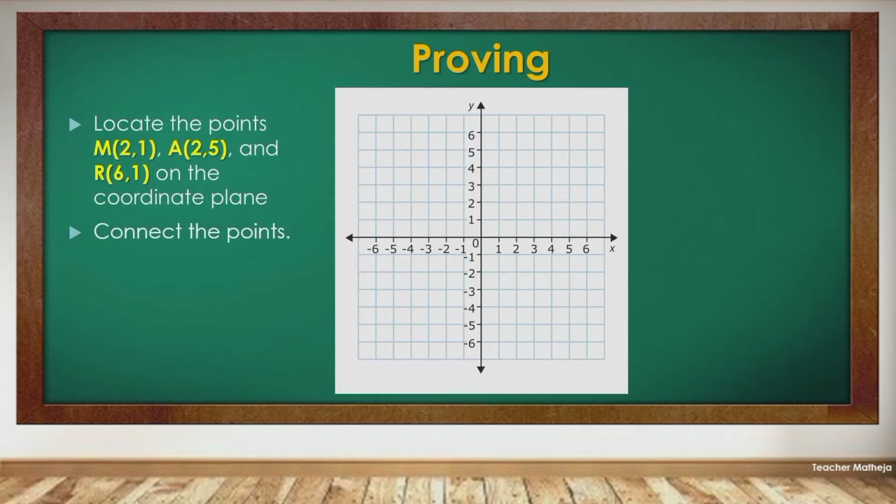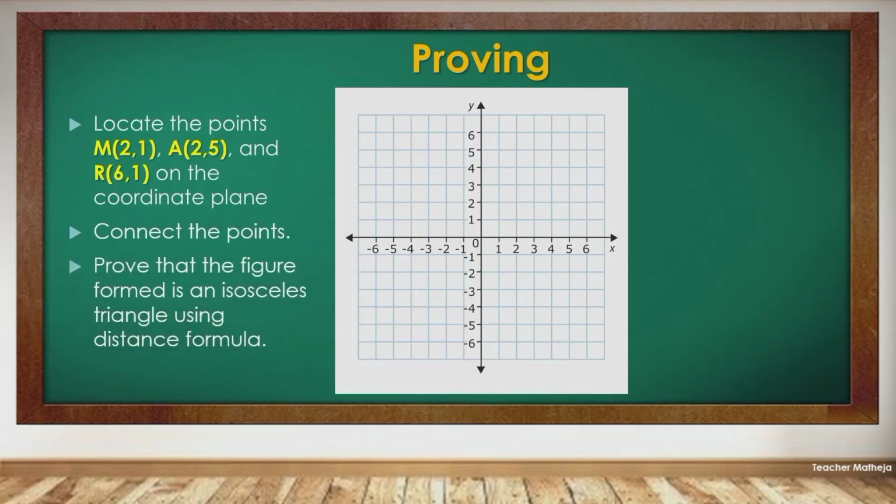Then connect these points. Then prove that the figure formed is an isosceles triangle, but this time, using the distance formula. So locating the points, we have point M, point A, and point R. Then connecting them, obviously, we can form a right triangle.